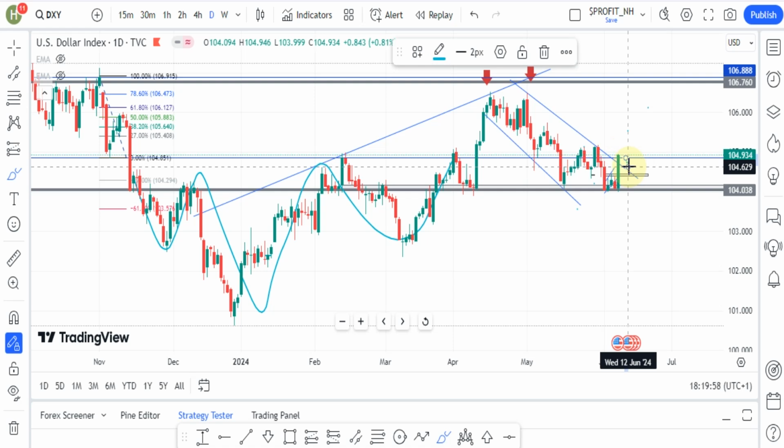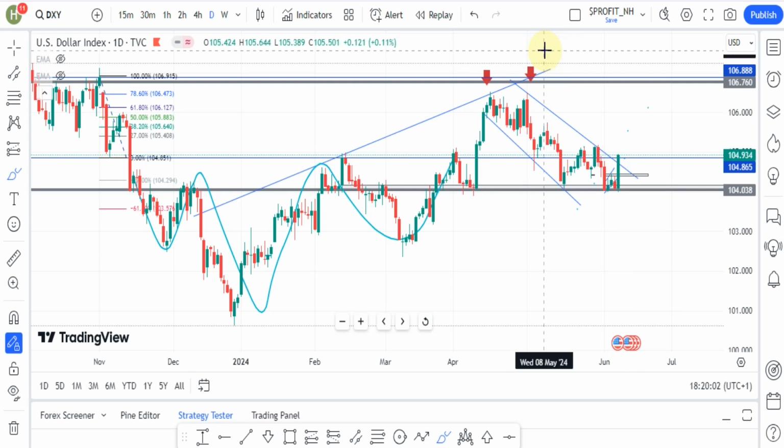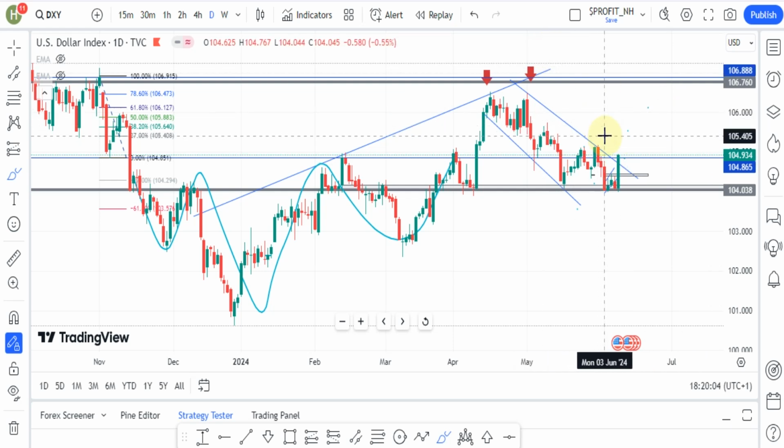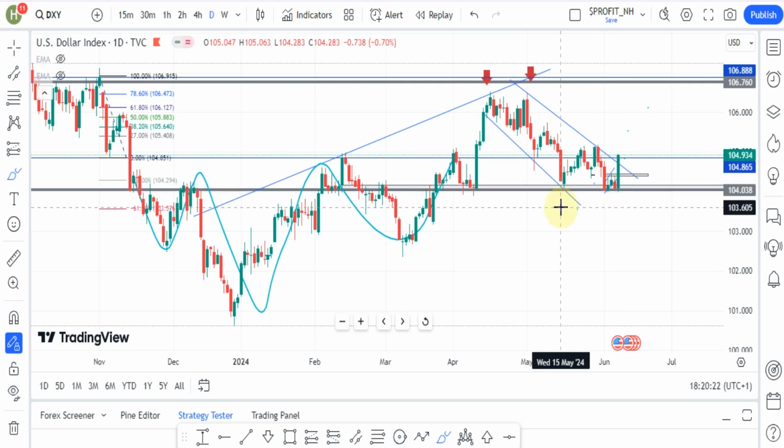Then after the correction, I'll start looking for more signs to see if the market has finished correcting before pushing upwards. Because I've told you, when you see the market give you an impulse move, you should normally expect a correction. And also I want to look at some other reasons.